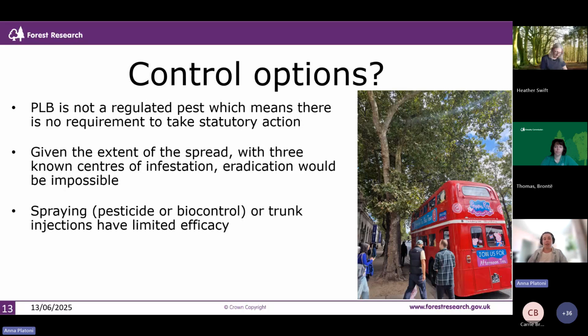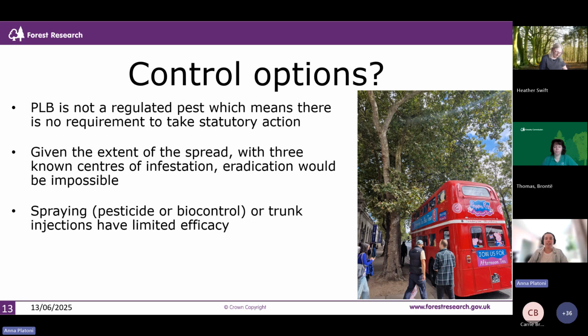But given the populations that we already know about, eradication is most likely impossible. And then on top of that, spraying using pesticides or a nematode or fungi biocontrol have limited efficacy for the pest, especially because the adults can shelter under bark flakes where they're protected.